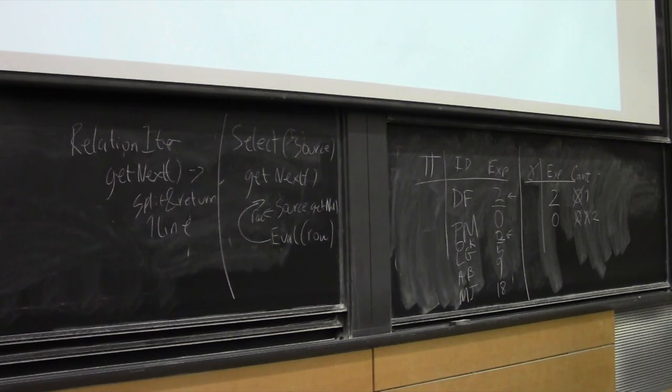So this is the very simplest type of index. These are the very simplest two types of indexes that you can have, and they're referred to as clustered indexes and unclustered indexes. The reason is that here, this set of pointers is an organizational structure.